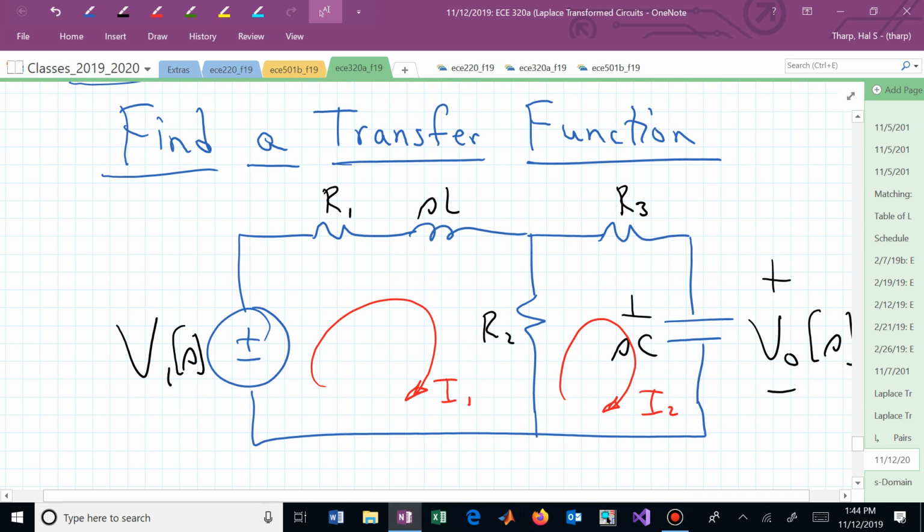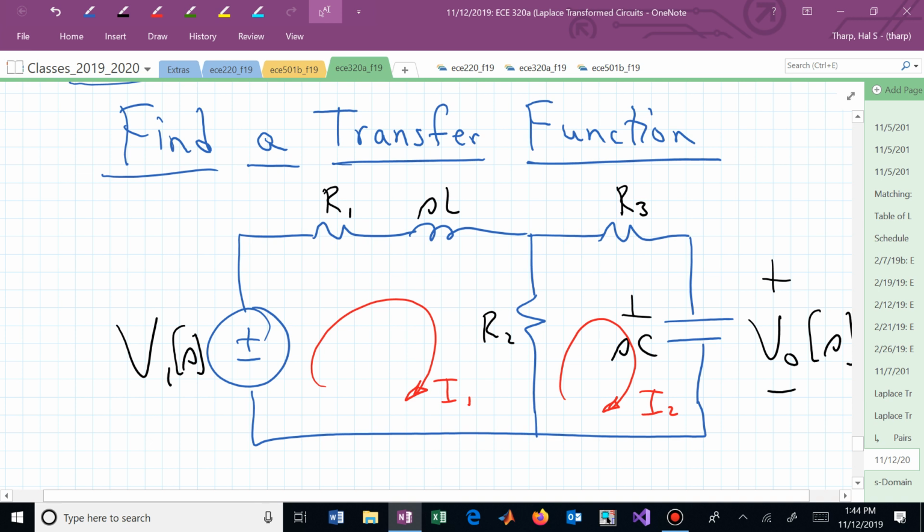What's V sub 0 of t if V1 is a constant? Do you have an idea? Now I'm going back to somebody's earlier question about wires and shorts. What do we have?